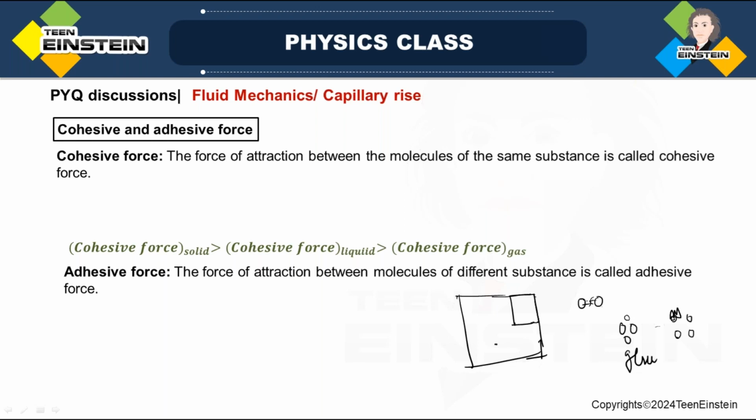I can take maybe a different shape, just for demonstration. So this is some molecules. These two are different molecules, and the attraction between them is called adhesive force. So the force of attraction between the molecules of different substances is called the adhesive force.